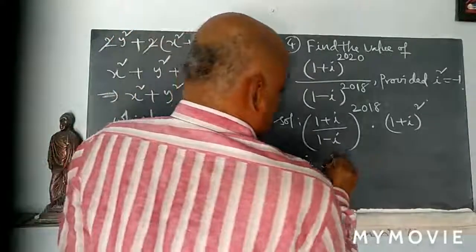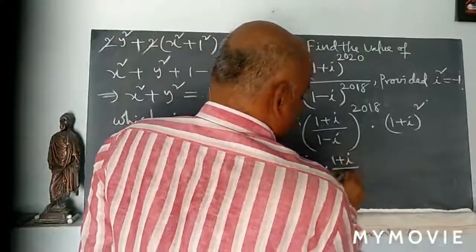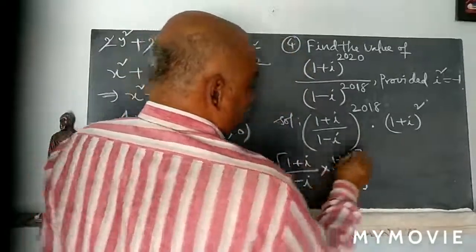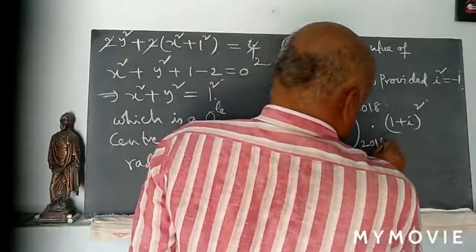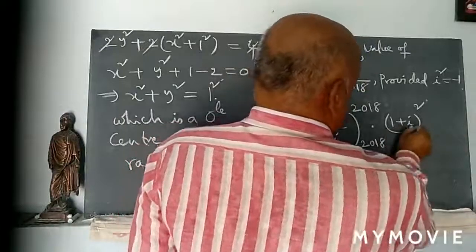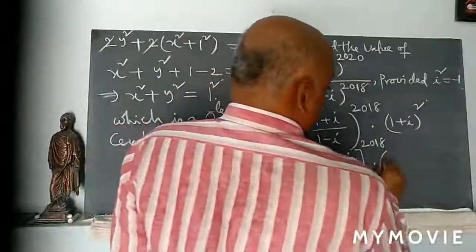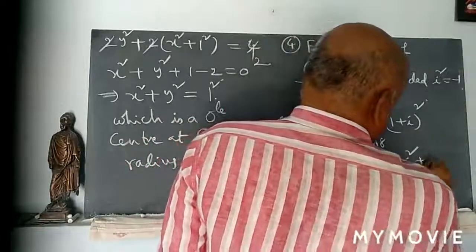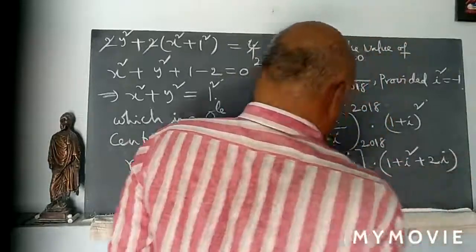So (1 plus i) by (1 plus i) whole to the power of 2018 into (1 plus i) whole square, which is a plus b whole square, so 1 plus i square plus 2i.